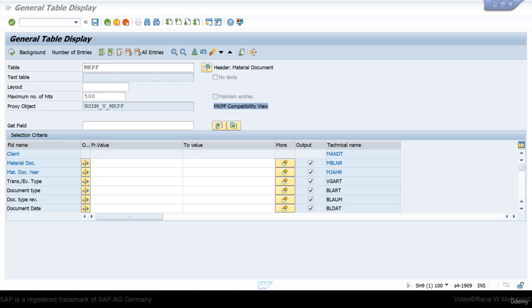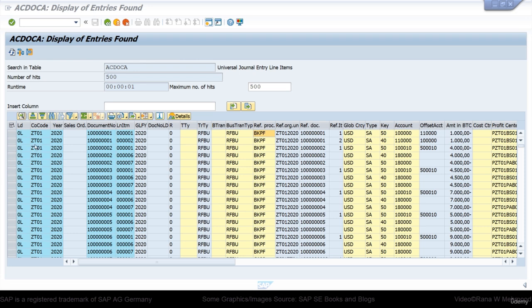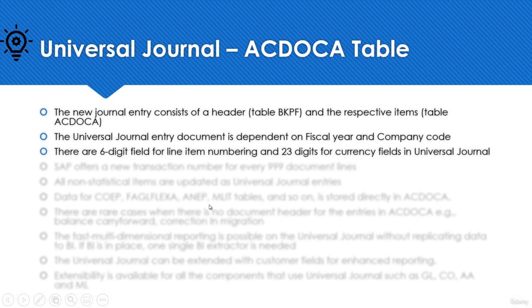After Universal Journal. The Universal Journal entry document is dependent on fiscal year and company code. So as you can see in the line item information, it has the company code and fiscal year. There is a 6-digit field for line item numbering and 23 digits for currency fields in Universal Journal. SAP offers a new transaction number for every 999 document lines.